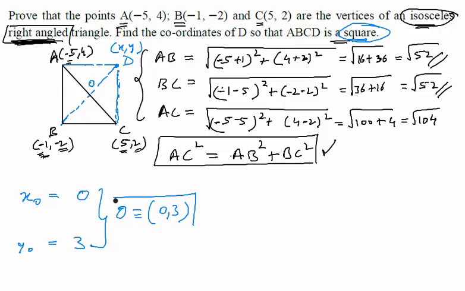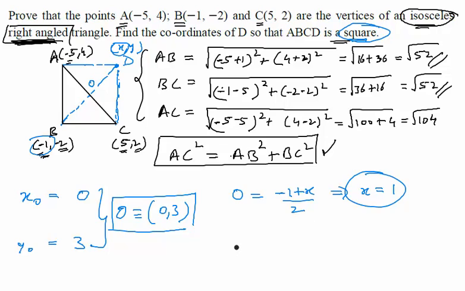But this O is also the midpoint of BD. If O is the midpoint of BD, then we should get 0 equal to (-1 plus x) upon 2, which will give us x as 1. What about the y coordinate?